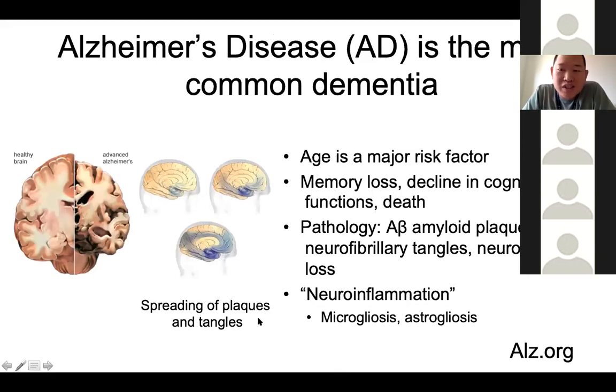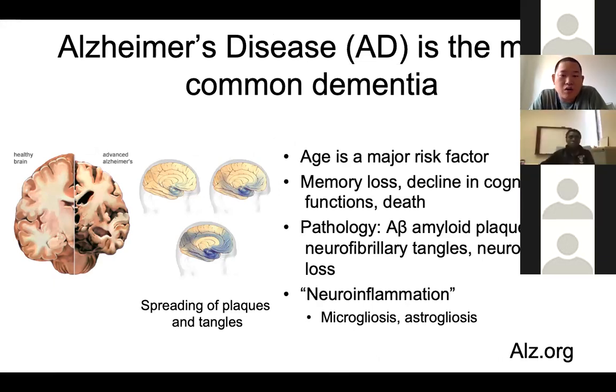Alzheimer's disease, short for AD, is the most common form of dementia that mainly affects aged people. AD is characterized by memory and executive functional deficit, followed by global and progressive cognitive decline.